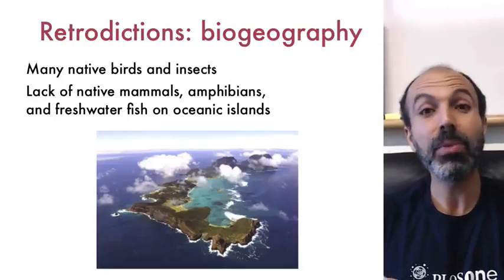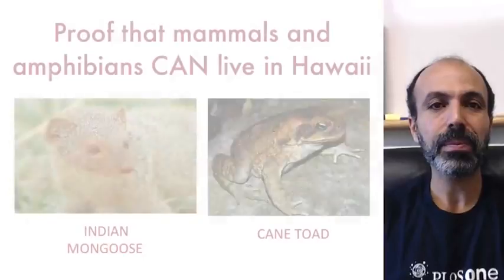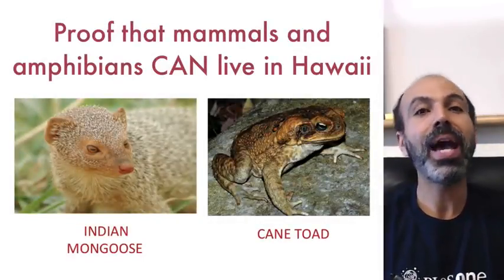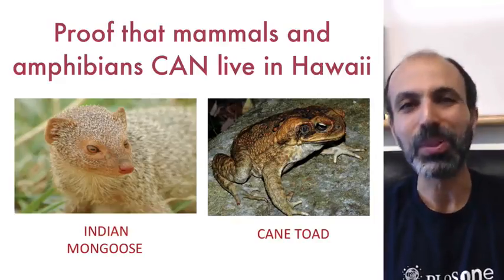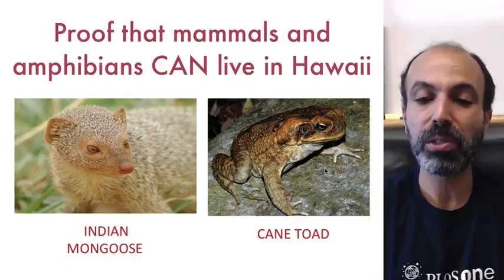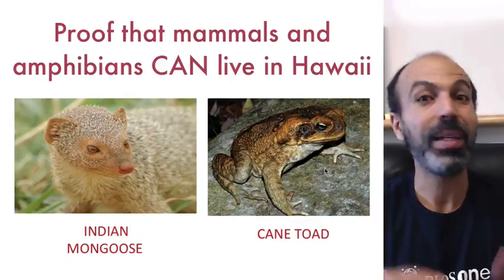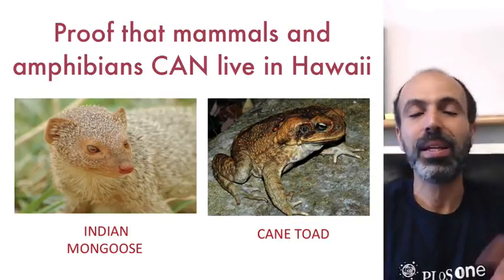Well, we can test, and we have in fact tested unintentionally, the latter hypothesis. Mammals and amphibians have been introduced to isolated oceanic islands, and they do extremely well sometimes. Here are two examples from Hawaii. The cane toad, which was also introduced to Australia, which is both a continent and a very large island, has done extraordinarily well there. This is an amphibian.